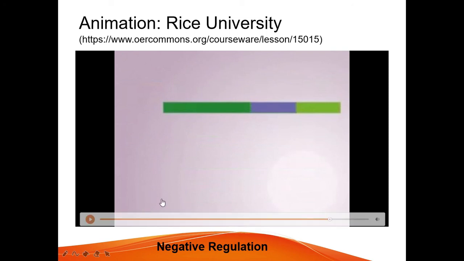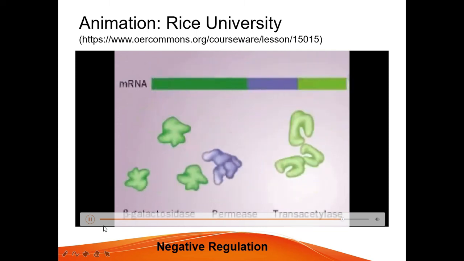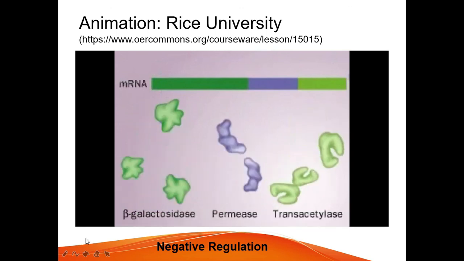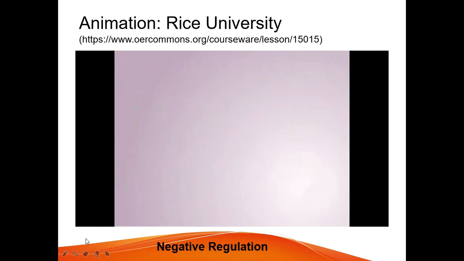So this is positive regulation in a very brief overview. And translation of the now abundant mRNAs makes the enzymes for processing lactose. The Lac Operon is an inducible system, and lactose is its inducer.